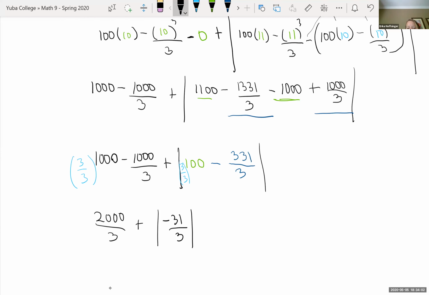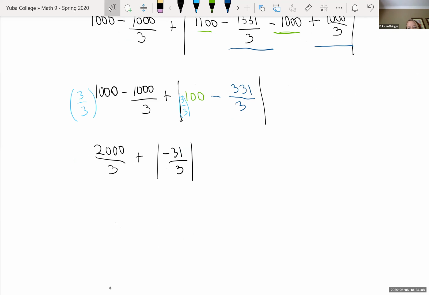Which, if we didn't get a negative result, then we probably should know something's wrong because we were given that it fell underneath the curve there. So this is the same thing as 2,000 over 3 plus 31 over 3, which is 2,031 over 3, which goes in evenly.